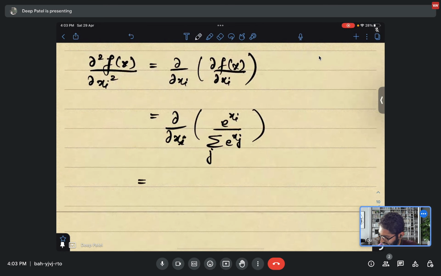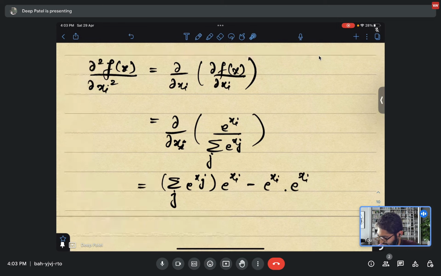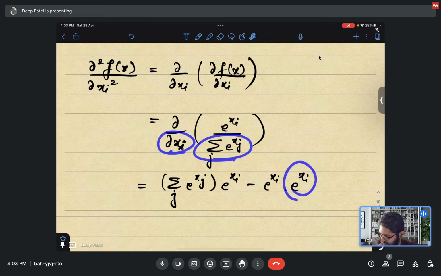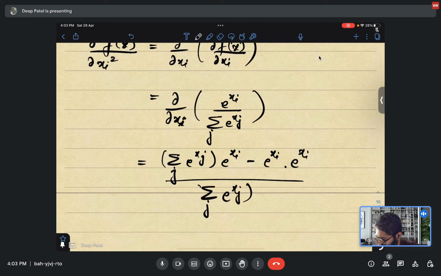How do we do that? Summation j e to the xj times e to the xi minus e to the xi times e to the xi, because the partial derivative of the denominator with respect to xi is just that term, over summation j e to the xj whole squared.